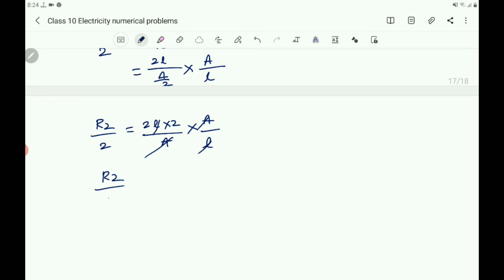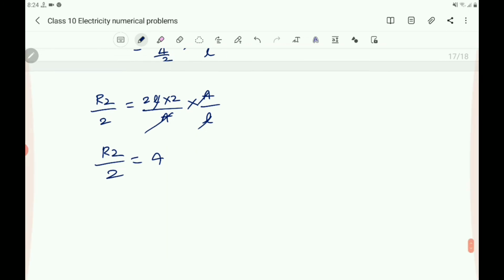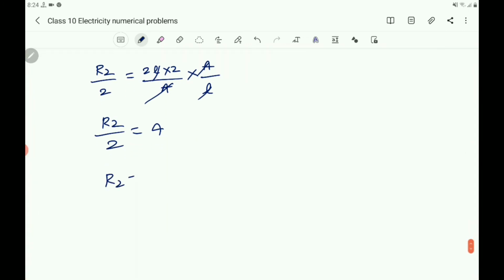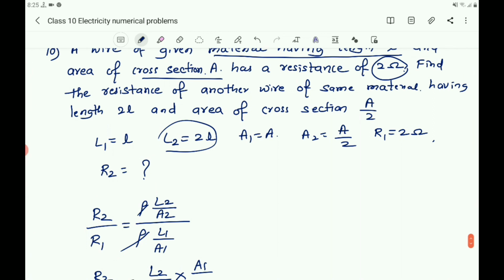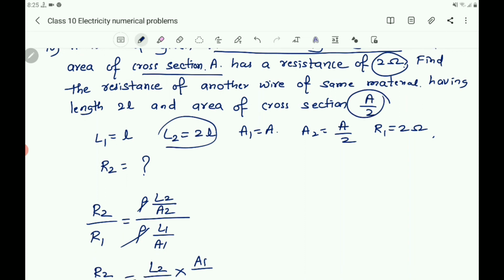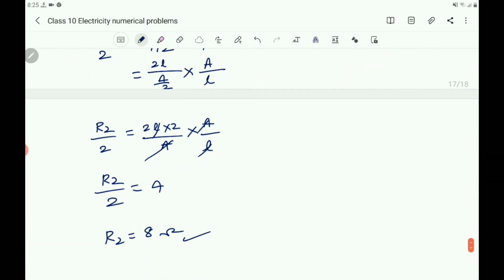So R2 by 2 is equals to 4. So R2 equals 8 ohm. That is the resistance of the second wire of the same material with length 2L and cross section A by 2, which is 8 ohm.